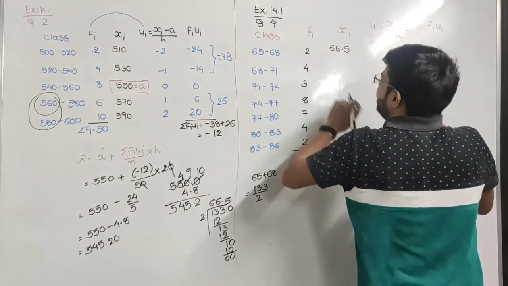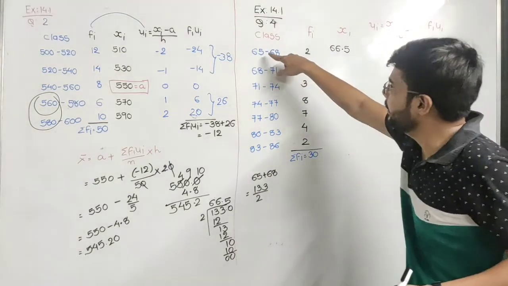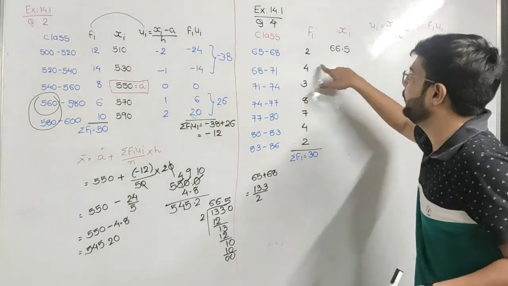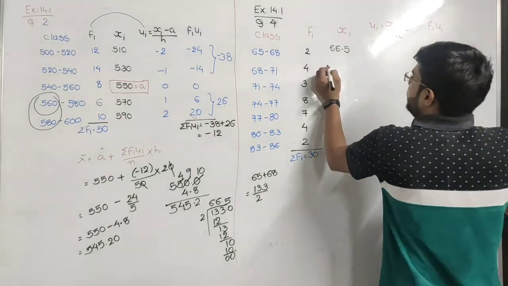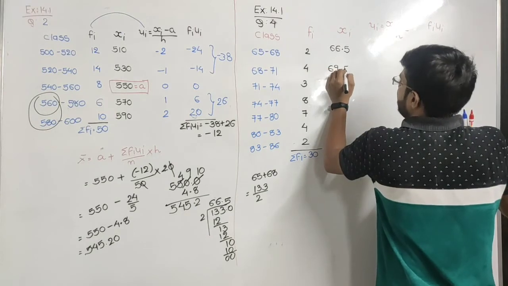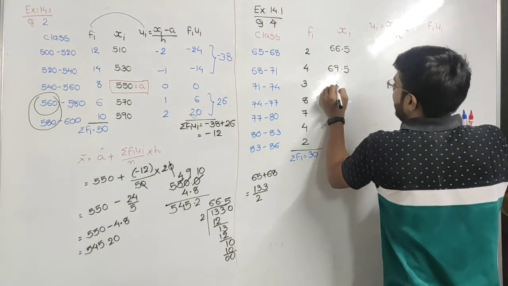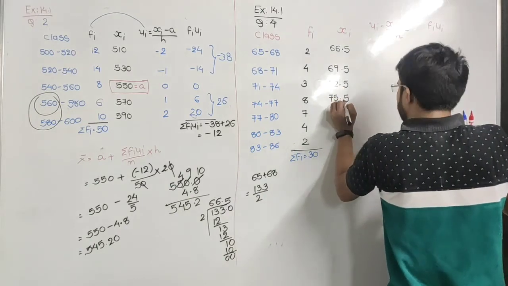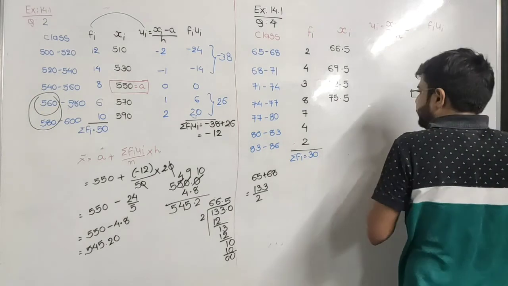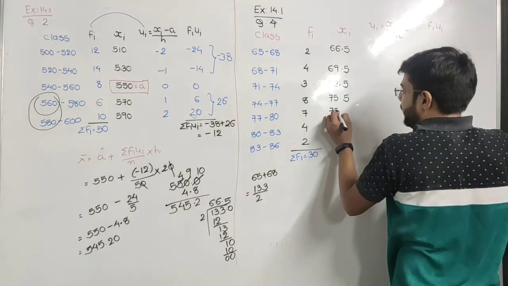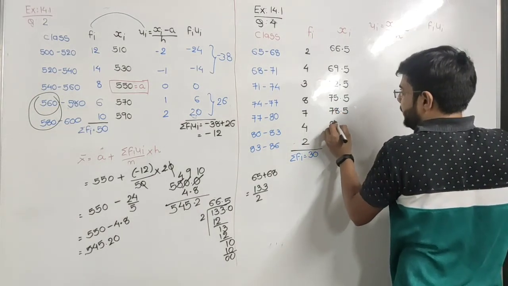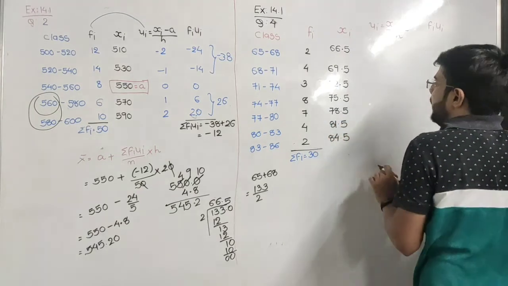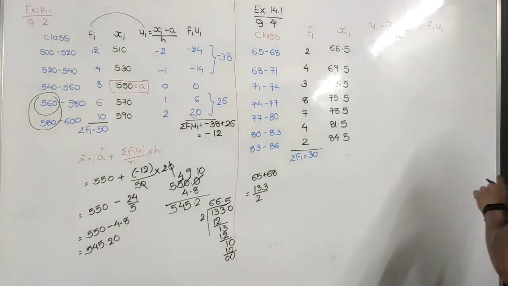Now the class length is 3, so the difference between the xi values has to be 3. So the second will be 69.5, then 72.5, 75.5, 78.5, 81.5 and 84.5.